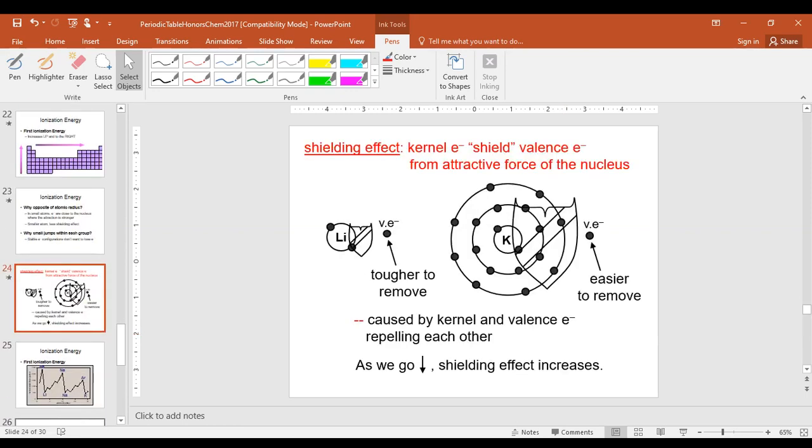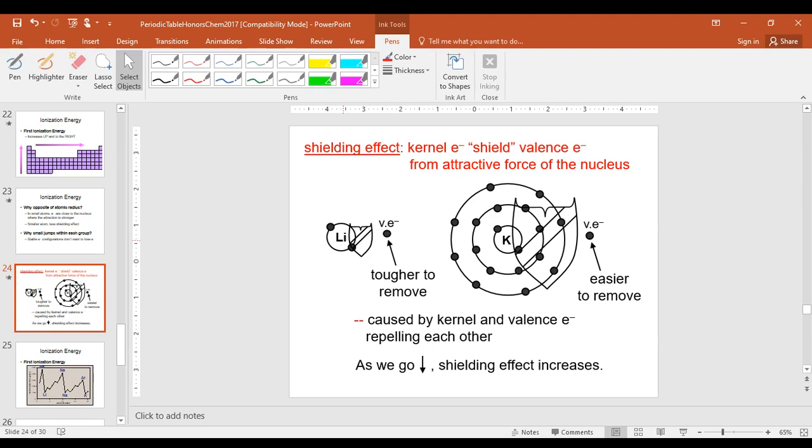So the shielding effect is shown in this slide. If we think about lithium, lithium has 2 core electrons and 1 valence electron. So there's not much blocking between that nucleus and the valence electron. So the valence electron really feels the pull from that nucleus very strongly because there aren't many electrons between that valence electron and the nucleus.